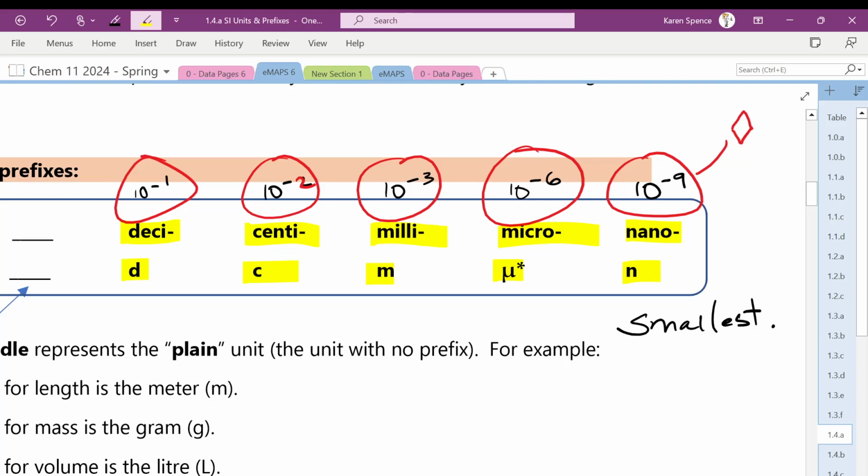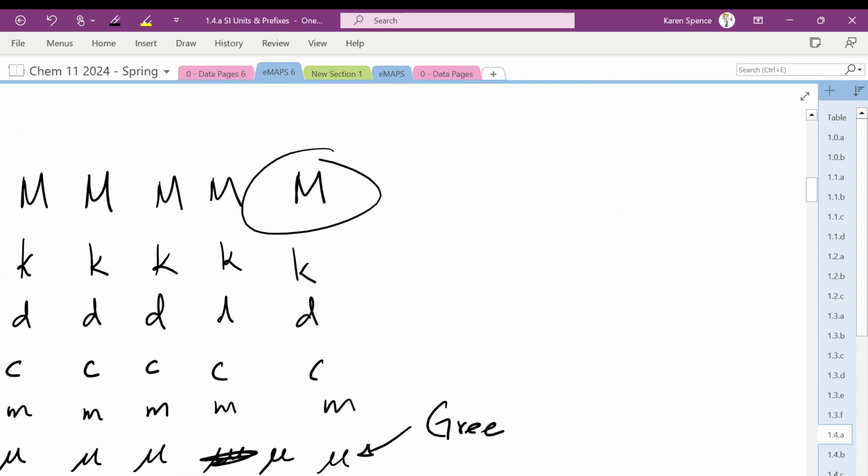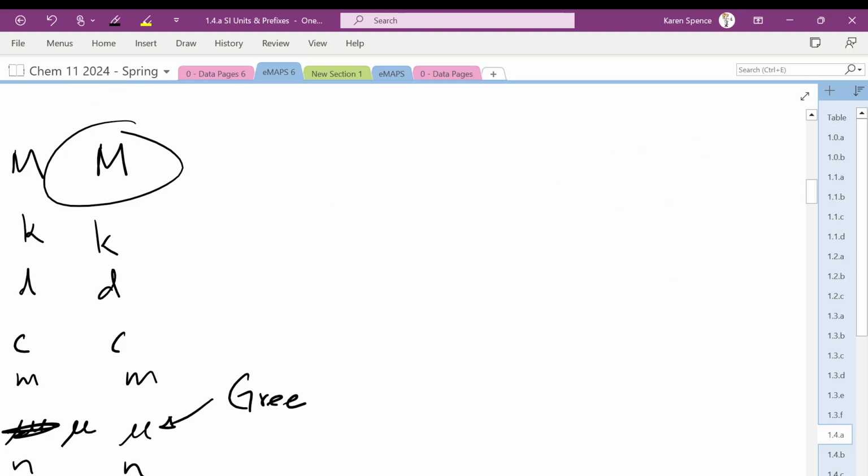You see how I added that little bit in there? Okay, so here's how it goes with the new part. Mega, kilo, deci, centi, milli, micro, nano. That's the same as before. And then we just stay on the same note for the next few things.